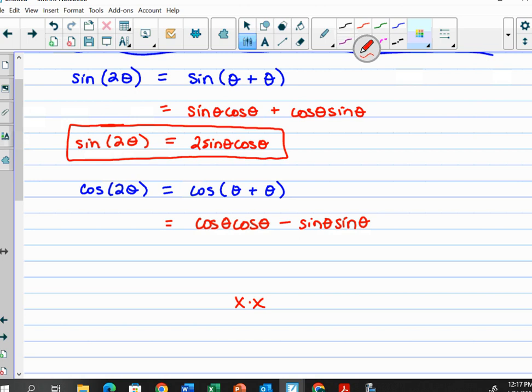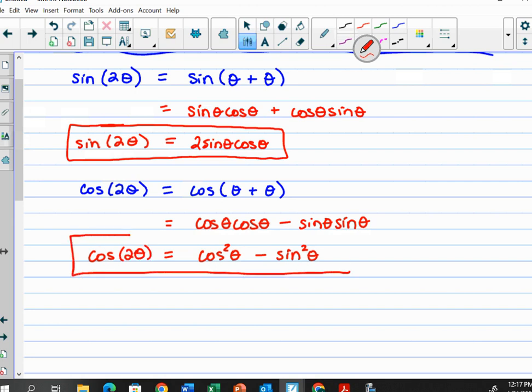It's not 2x. X squared, yes. So this is cosine squared theta minus sine squared theta. That is your second formula you need to know.